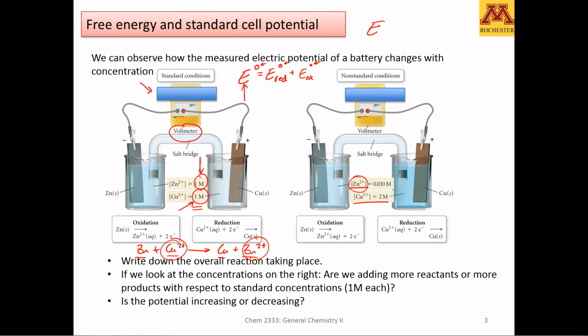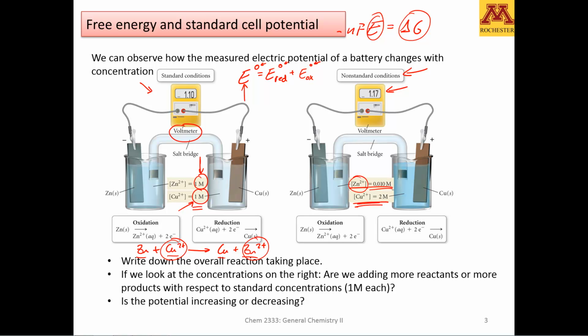And as you well know, the relationship between delta G and E is negative, okay, the more positive your potential is, the more negative the delta G is. So what you expect is exactly that. You have a more positive potential when you work in non-standard conditions such that you increase the concentration of reactants and decrease the concentration of products.